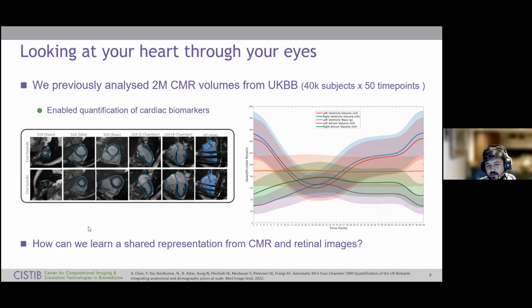So we had this groundwork laid down for us from previous studies that we had participated in. But the question was, how can we learn a shared representation from such multimodal data from cardiac MR and retinal images, together with some non-imaging data like clinical measurements and patient demographics?